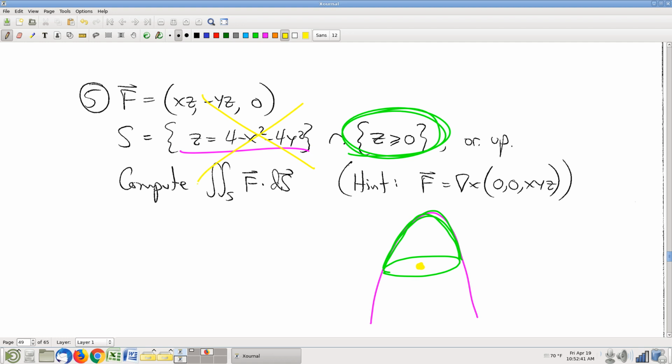The surface requires that your points satisfy both of these requirements. This is an intersection. So there is no bottom face down here. This is just an upside down cereal bowl, and it is not a boundary. It's open at the bottom. Everybody on board? Be real careful with that.